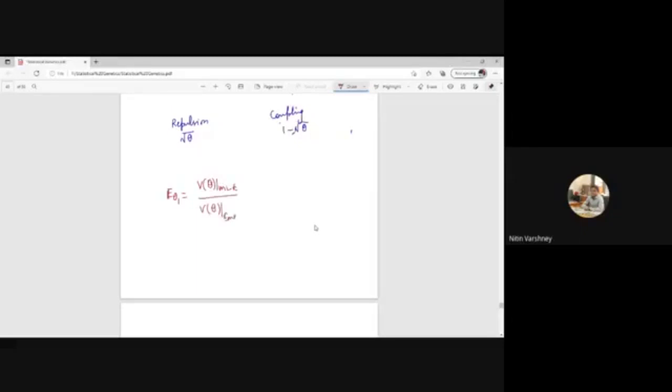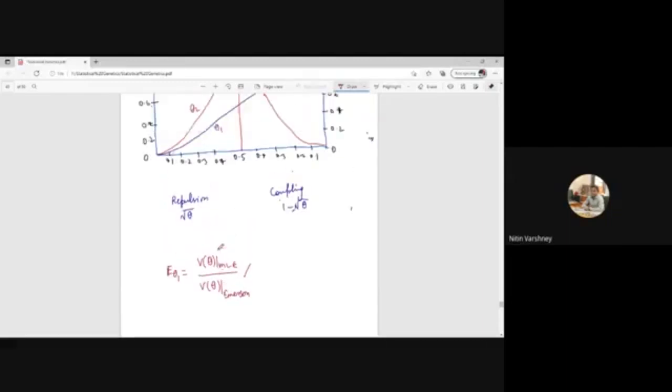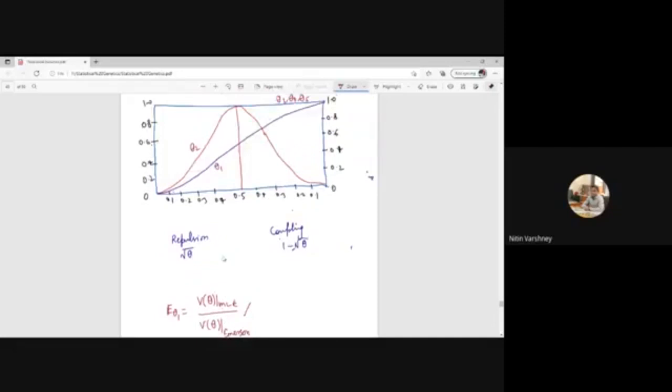Immersion method. I'll find the variance of this efficiency. After getting this variability, whenever we plot this theta 1 in case of our immersion method, I'll get this type of curve.